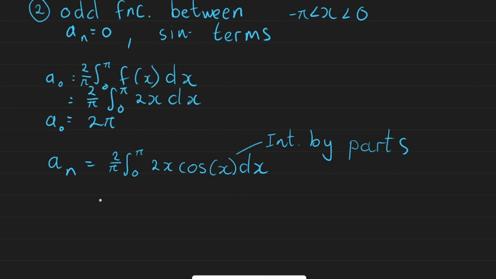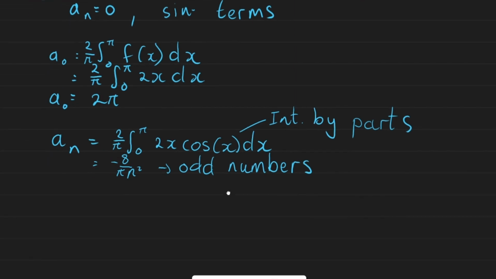But anyway, we see that an is equal to minus 8 over pi n squared. And this is only for odd numbers. So for even numbers, an is equal to 0.